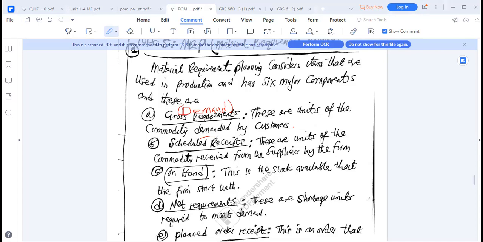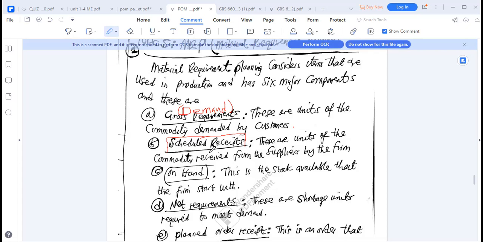Then as much as customers are demanding the units of the commodity, there's the aspect of the scheduled receipts. So scheduled receipts are units of the commodity that the firm should receive from their suppliers, looking at the demand they're having from the customers. All right, so the customers are demanding more units of the commodity.